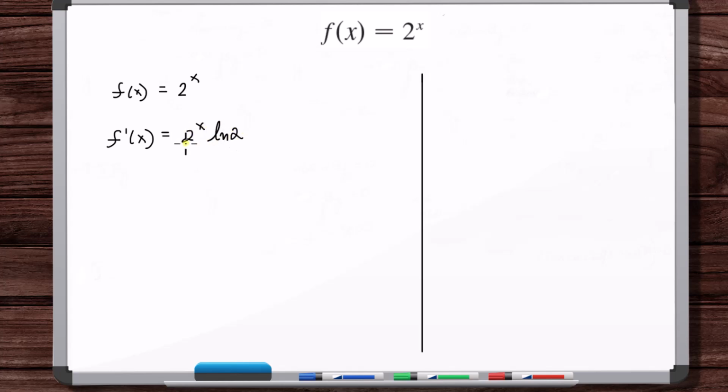So if the base was e, then this is just 1. Okay, so f double prime is just going to have another natural log of 2 come out.